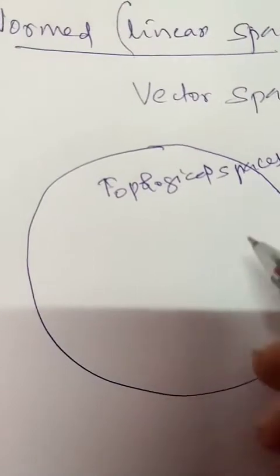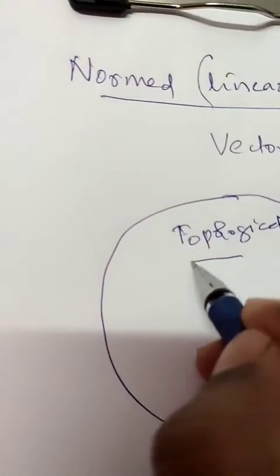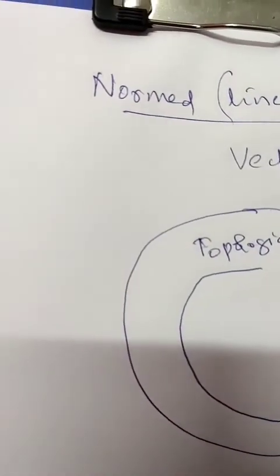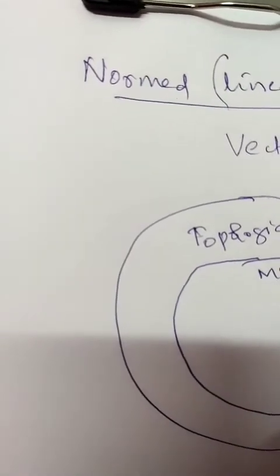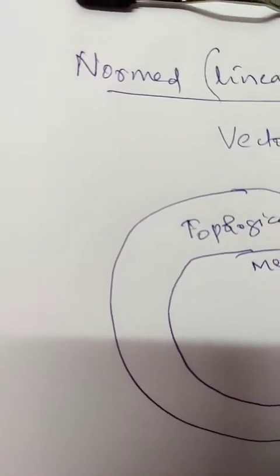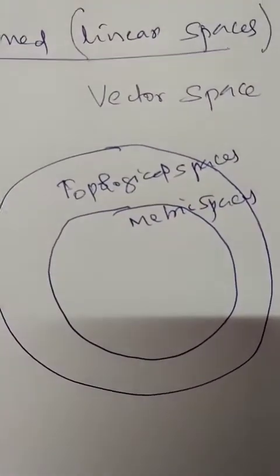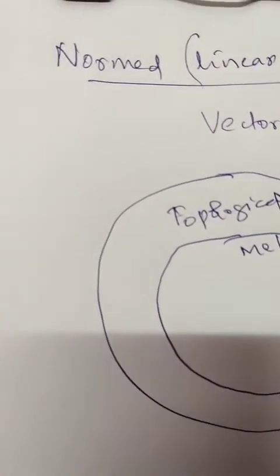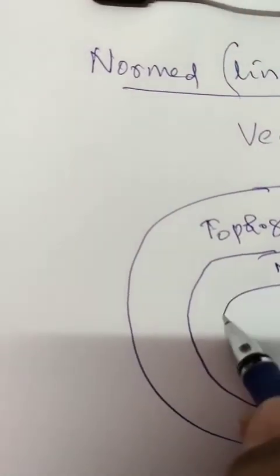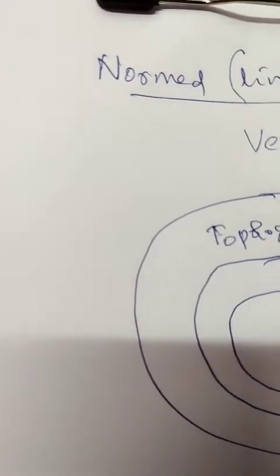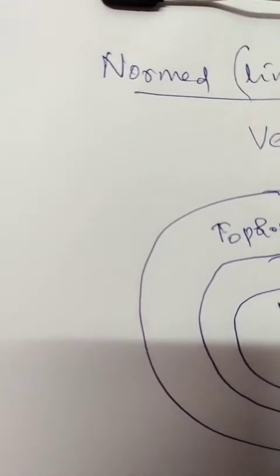After that, we define a proper metric on this, so it becomes a metric space. After that, we define a linear space and a norm on that, so this becomes a normed linear space.